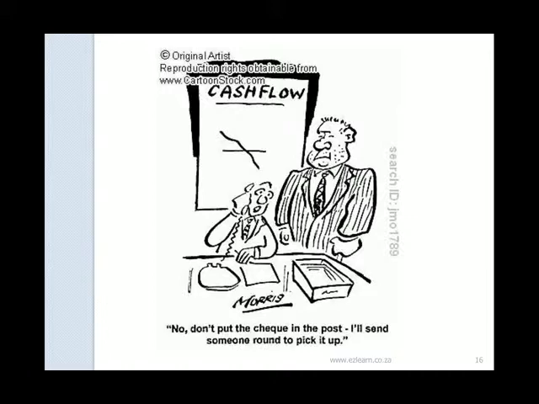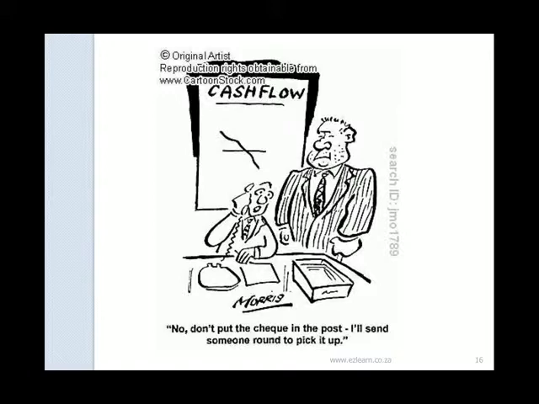In this case, you can see this gentleman is not trusting his debtor, and instead he says, no, rather than sending it, putting it in the post, I'll send someone to fetch it. He's sending someone who looks rather threatening and ominous to fetch the cheque. I imagine the debtor might consider that this person might beat him up if he doesn't actually pay the money.